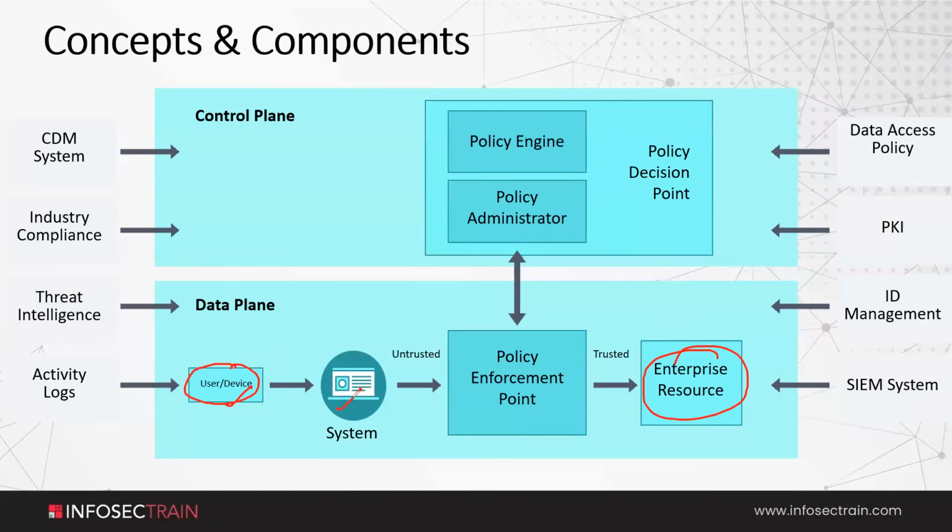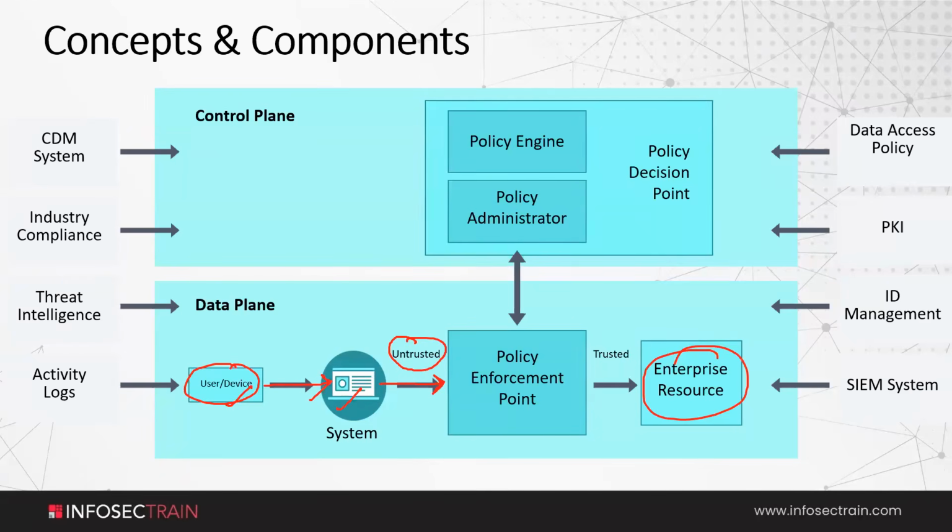It can be a laptop or a smartphone, or maybe an IoT sensor, a virtual machine, a container, whatever it is. So the user on this device will initiate a request to access the enterprise resource. When the request is coming from the network, any request coming from anyone will be considered untrusted. Once the user or the connection is trying to access a resource, it is by default untrusted.